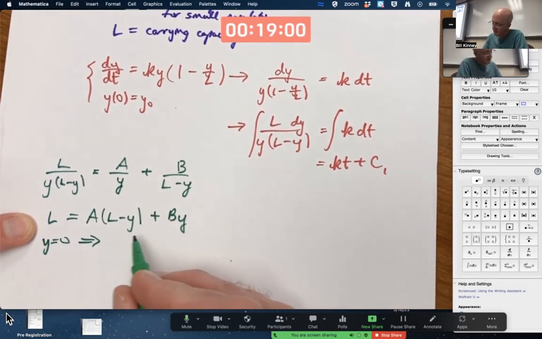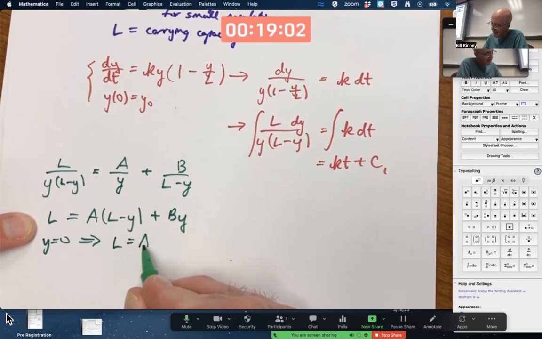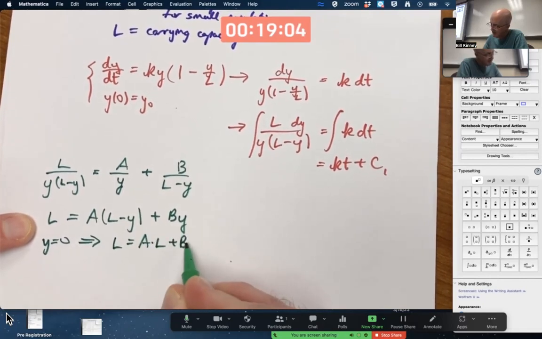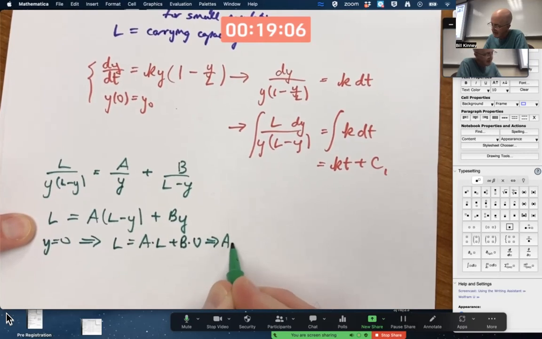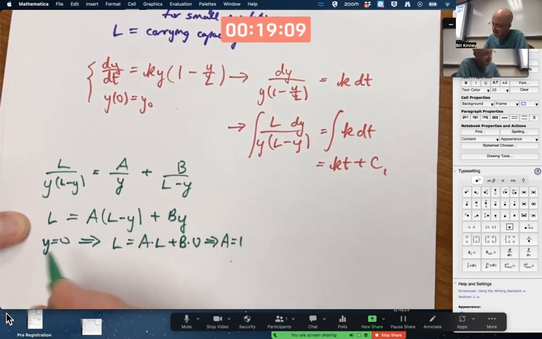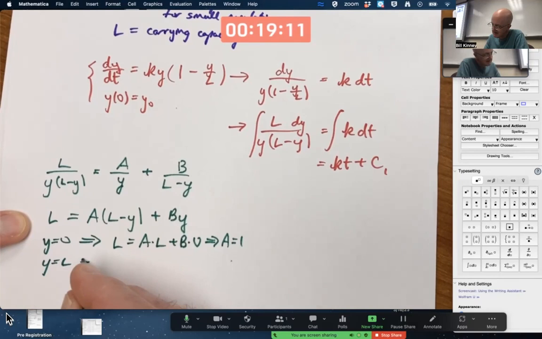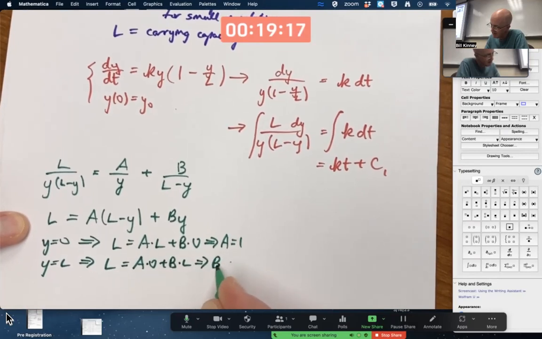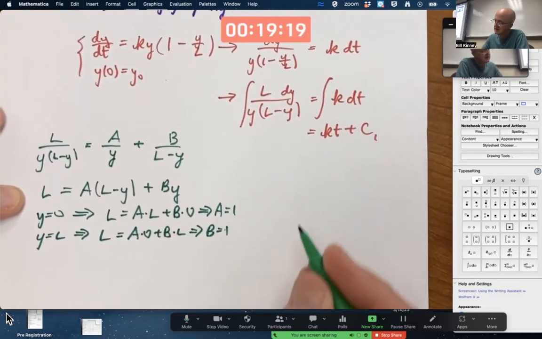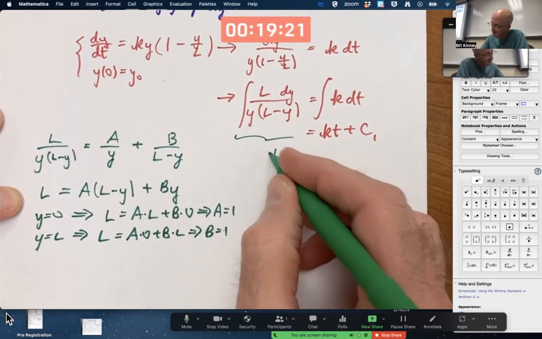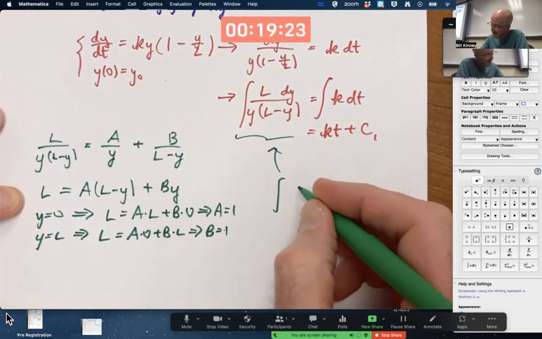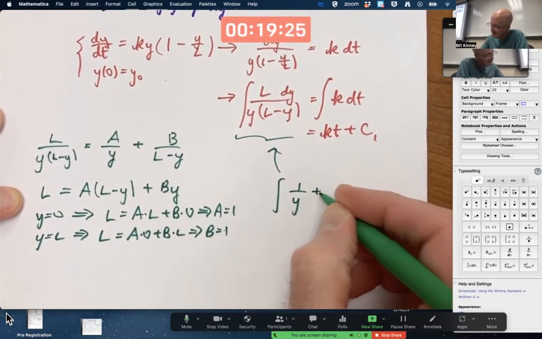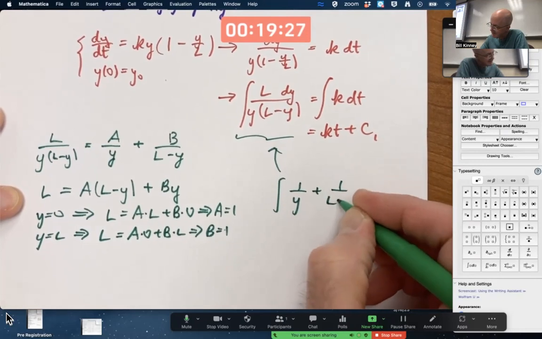Y equals 0, plug it in and get L equals a times L plus b times 0, implying a equals 1. Plug in y equals L, and you get L is a times 0 plus b times L, implying b is also 1. So that means this integral is the same as this integral.